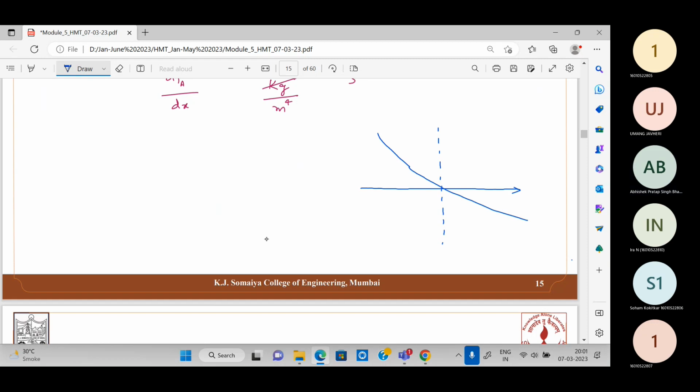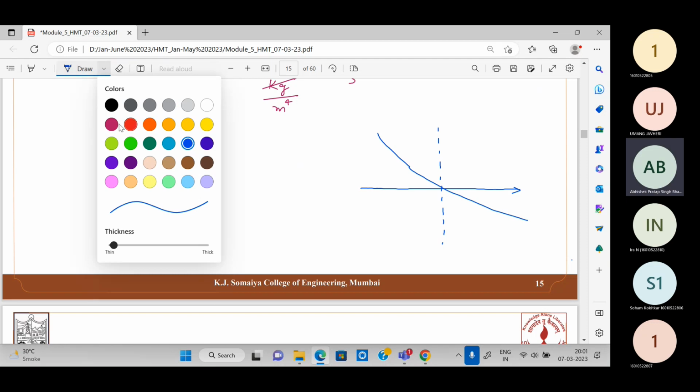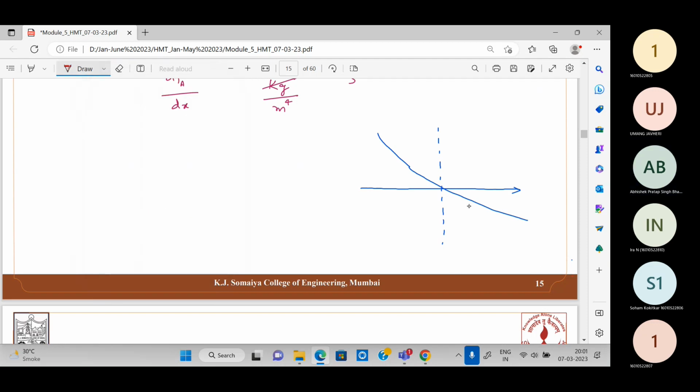This represents per unit area, that is DAB into d rho A by dx.